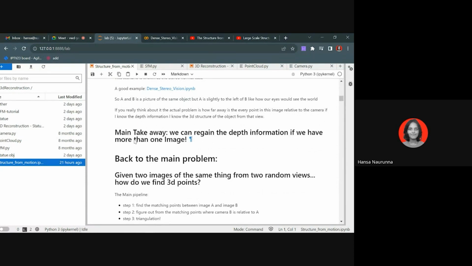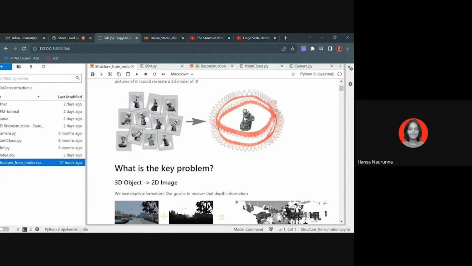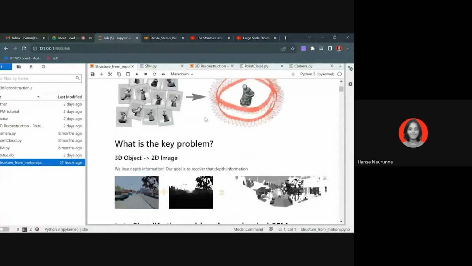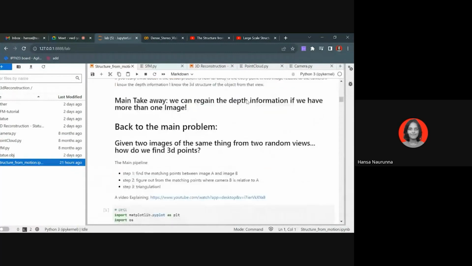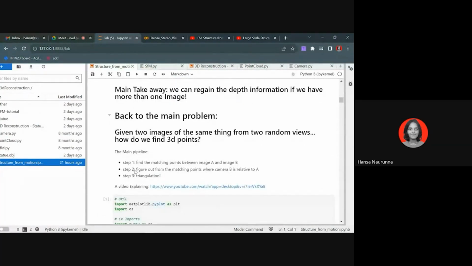So back to the main problem. How do we do this entire thing where you have so many cameras, and we figure out where the cameras are and reconstruct this entire object? If we go down here, there are three main steps. First, finding the matching points between A and B. Then, after you find the matching points, we can compute the epipolar lines, and from the epipolar lines we can get an essential matrix.